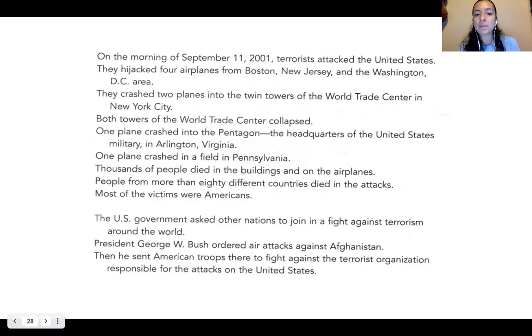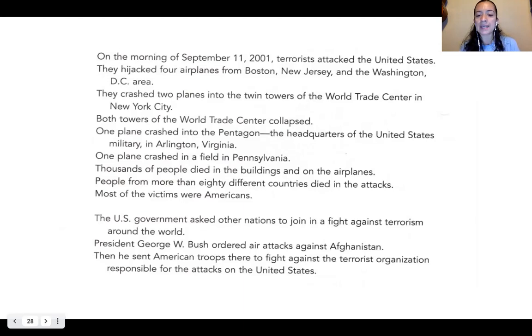They crashed 2 planes into the Twin Towers of the World Trade Center in New York City. Both towers of the World Trade Center collapsed. 1 plane crashed into the Pentagon, the headquarters of the United States military, in Arlington, Virginia. 1 plane crashed in a field in Pennsylvania.